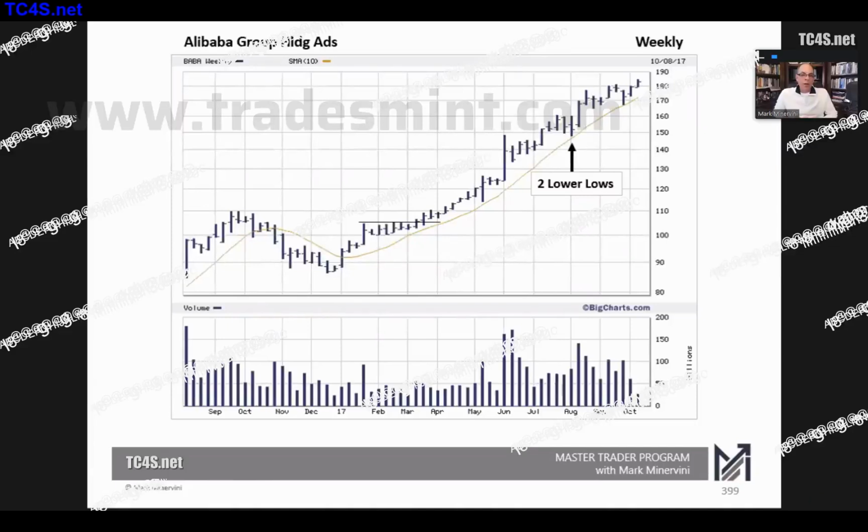lower weekly lows. Now, if you're above the 50-day, and using this in connection, or the 10-week, if you were to wait and say, look, I'm not going to sell the stock until I see 3 weekly lower lows, and maybe close below the 50-day, and even say split it in half, half of my position on 3 weekly lower lows, half the position on a close below the 50, you would stay in.